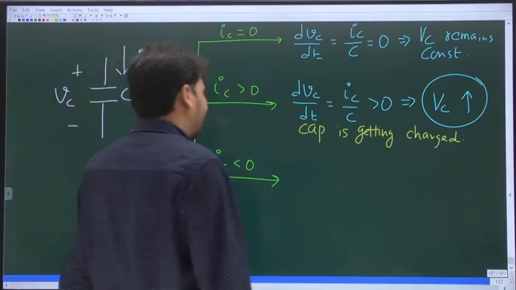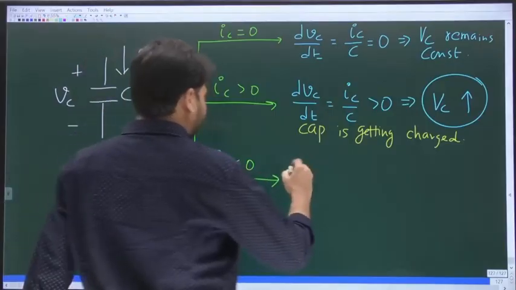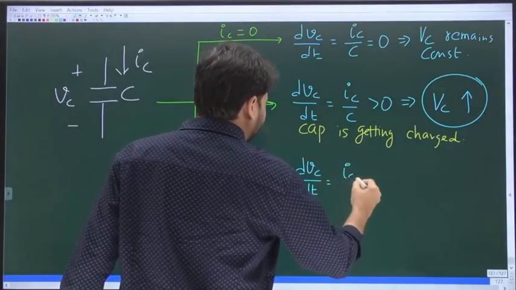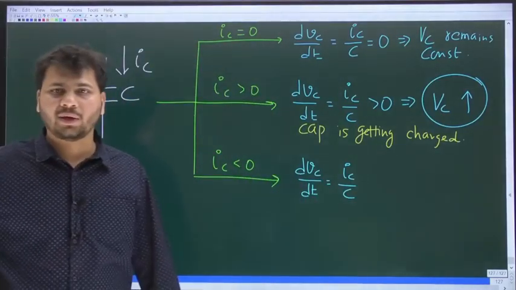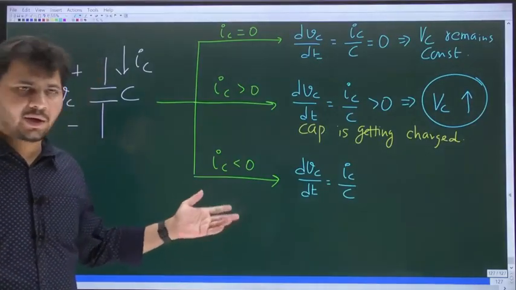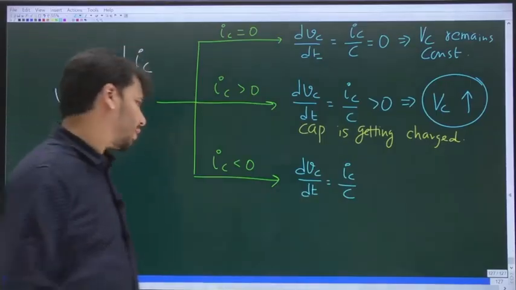Okay. Once again, you see always dVc by dt is IC by C. And right now IC is negative. If IC is negative, IC by C will also be negative.